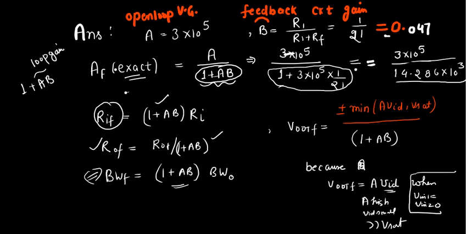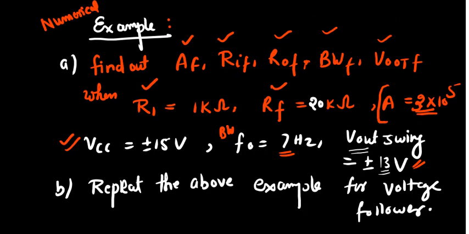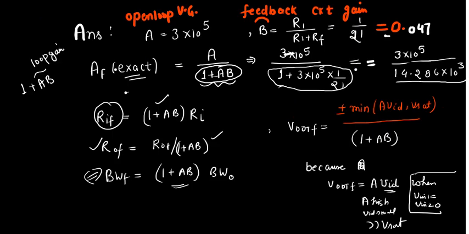Please repeat this numerical for the voltage follower case. How will you do it? Do you have the book? No? No, we'll do it now. So voltage follower means AF should be equal to 1.